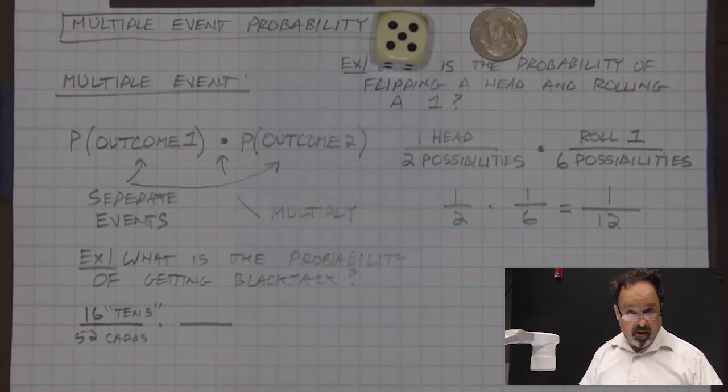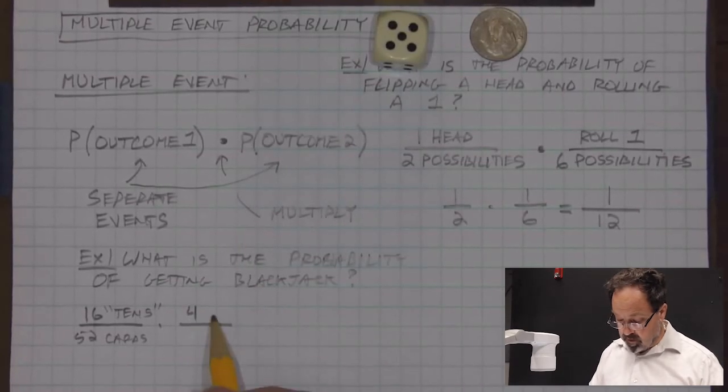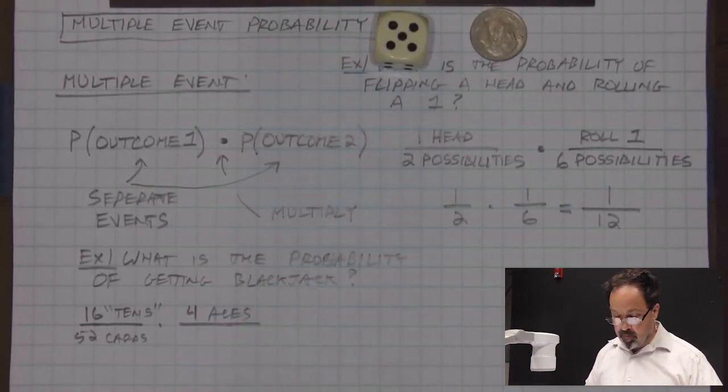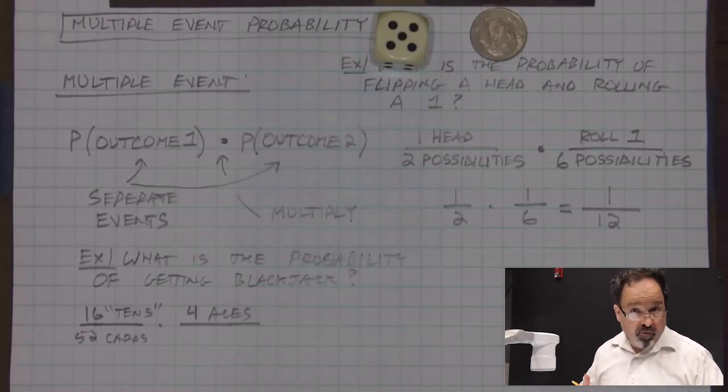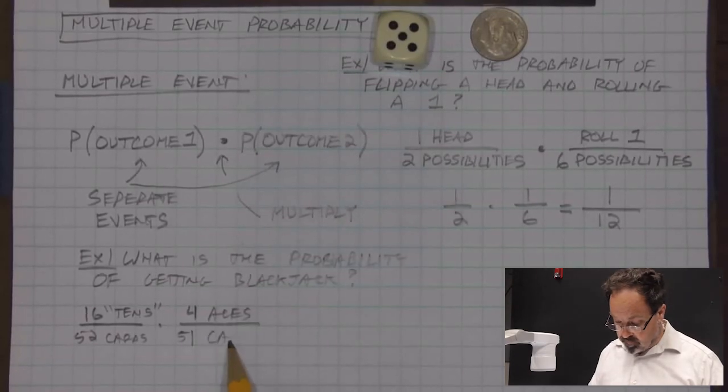And I'm going to multiply now by the chance of getting an ace, but I have to be careful. This is a pretty sophisticated calculation. There are 4 aces in the deck. But if you know that you have already drawn a card that is worth 10, or a face card, then there are only 51 cards left to get an ace from.